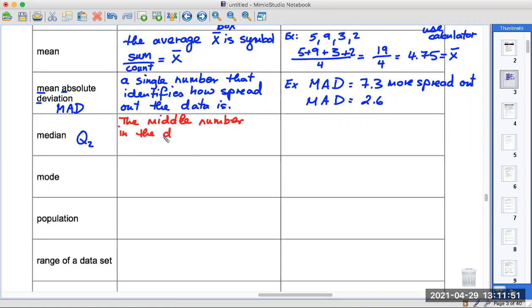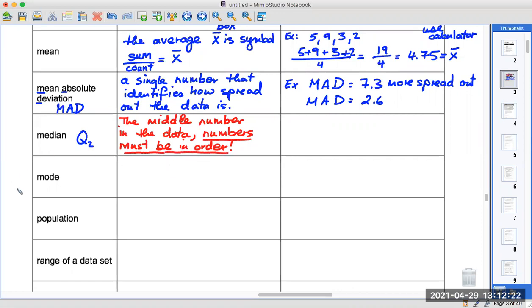So you have to count from left and right, and where you meet in the middle, that's the median. Numbers must be in order, from the smallest to the largest. For the median, the numbers must be in order, and then you can identify the middle number.